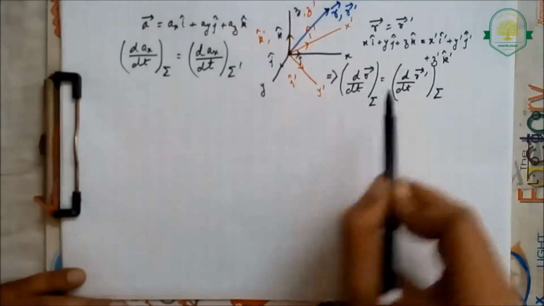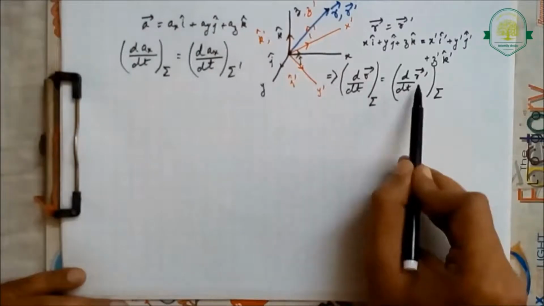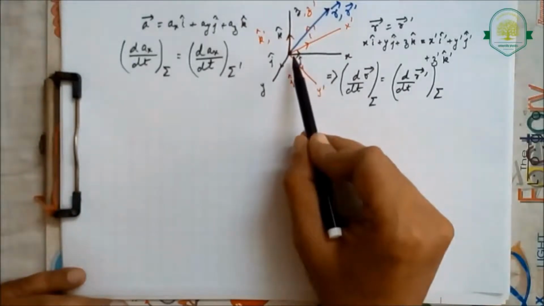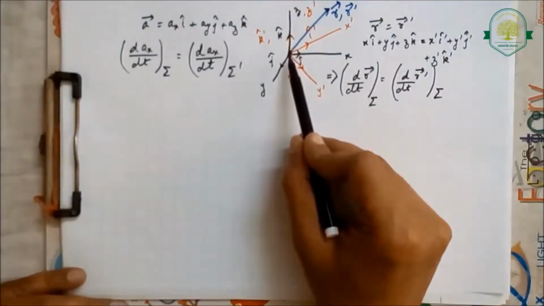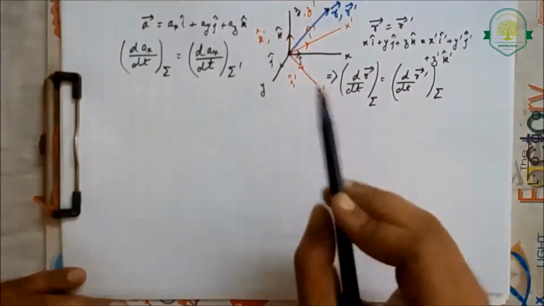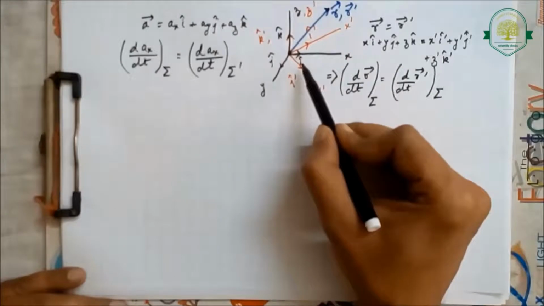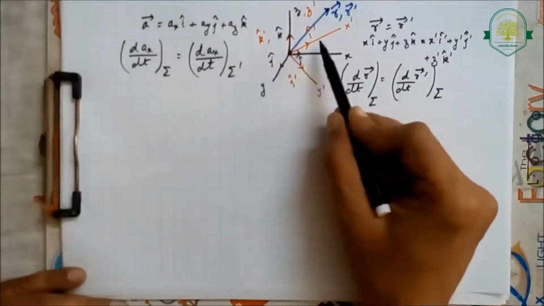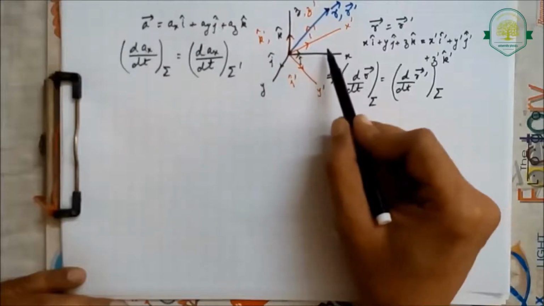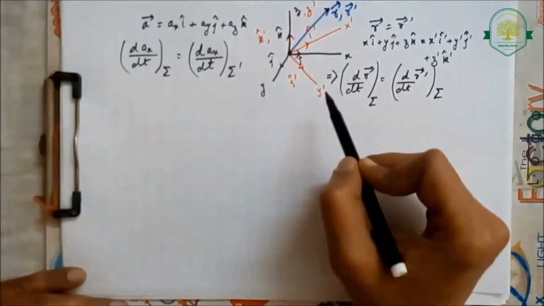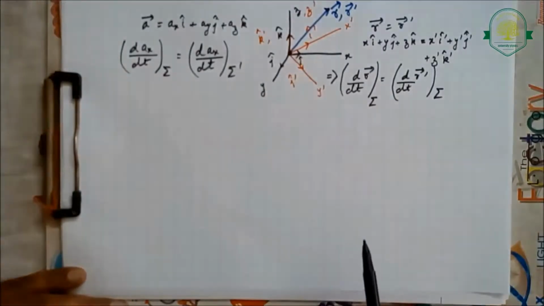So we are only having to do this because we are dealing with vectors, and vectors which are constant in one frame of reference are different in other frames of reference. For example, i prime, j prime, and k prime are constant vectors as seen from the primed frame of reference, whereas they are vectors that change with time as seen from the ground frame of reference.